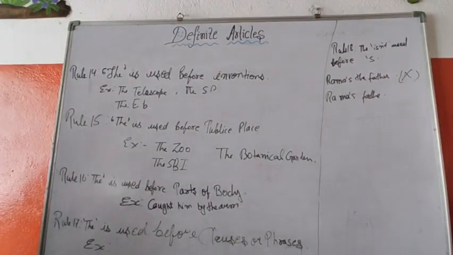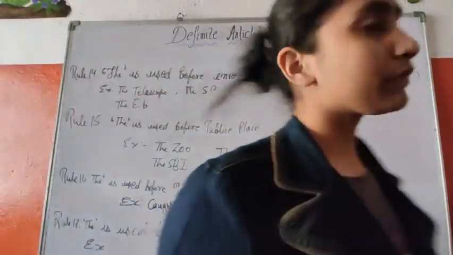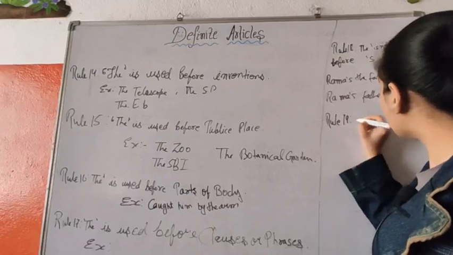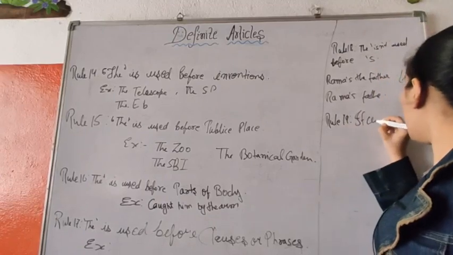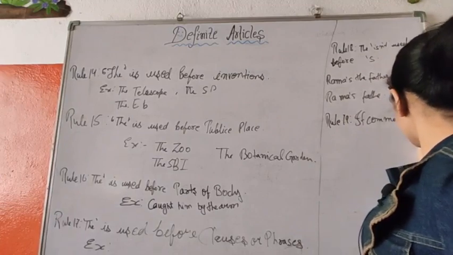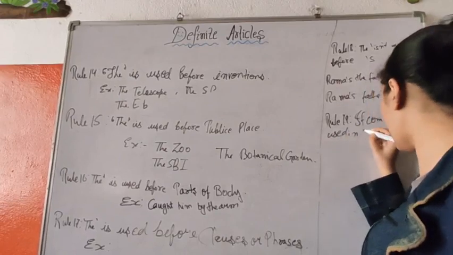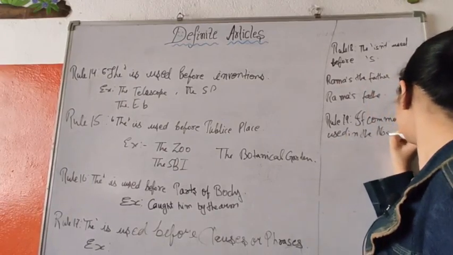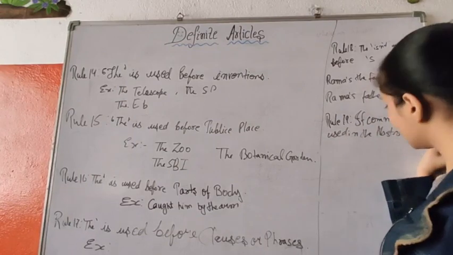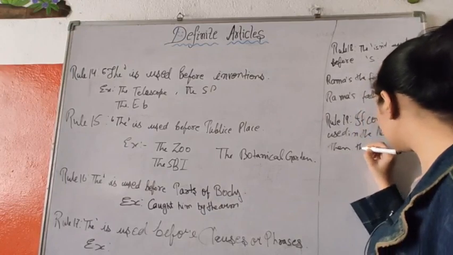Now let's move to the next rule, guys. Rule number 19. If a common noun is used in the sense of an abstract noun, then "the" is used before that.